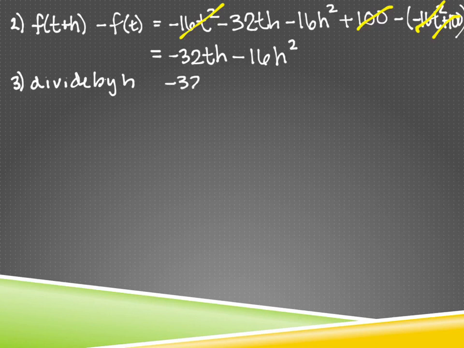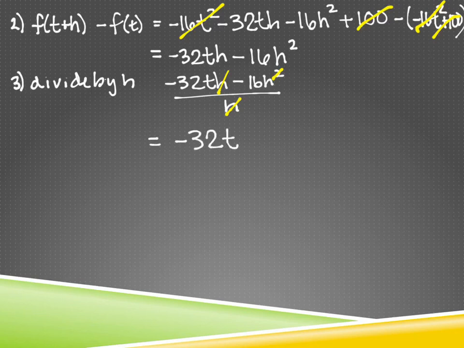So I have negative 32th minus 16h squared, divide by h. There's an h from each piece of the numerator and the h in the denominator that all cancel with one another, leaving me with negative 32t minus 16h.